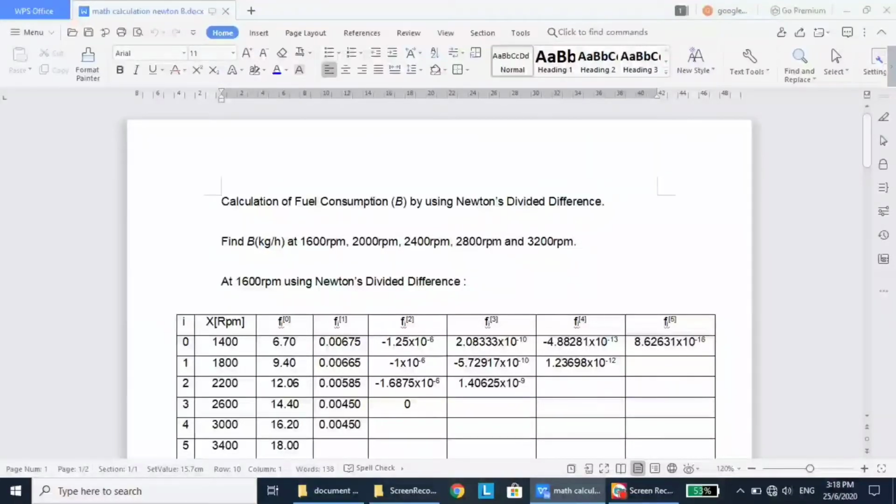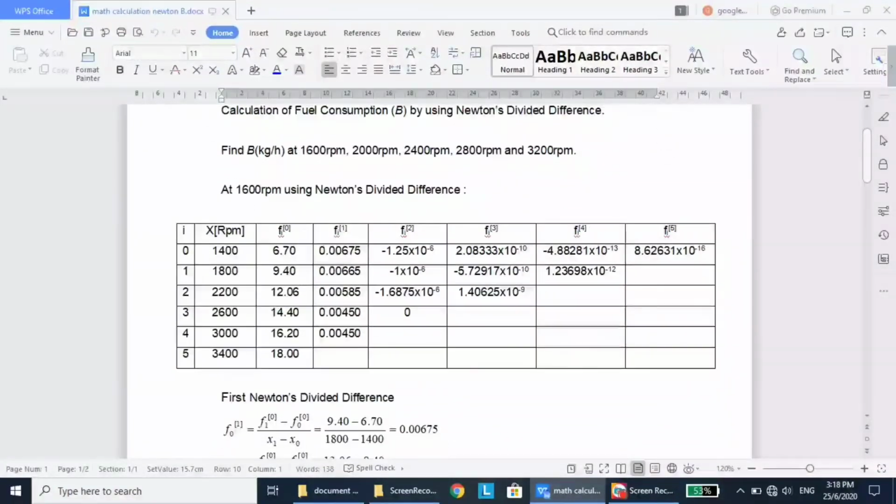So at 1600 rpm, we use the Newton divided difference method. Step 1 is make the table here. The number of functions depends on the number of x.